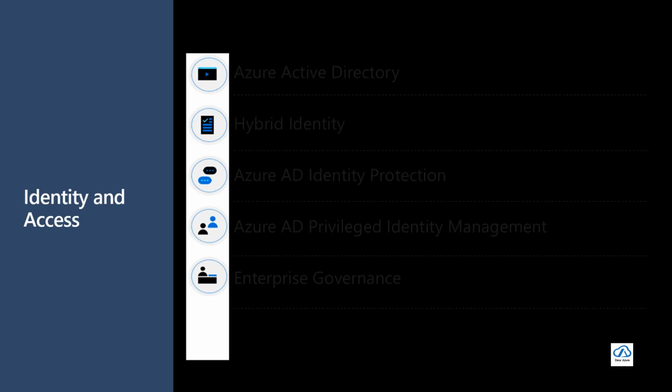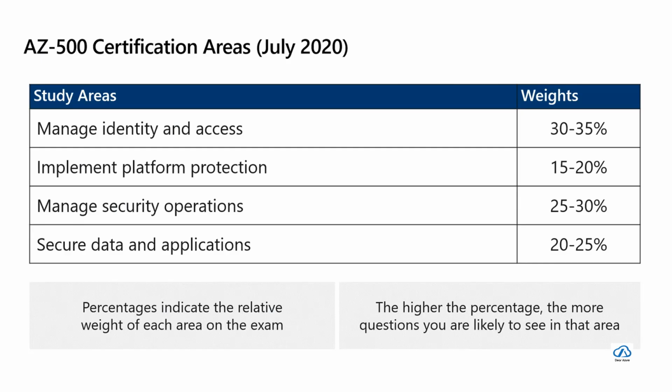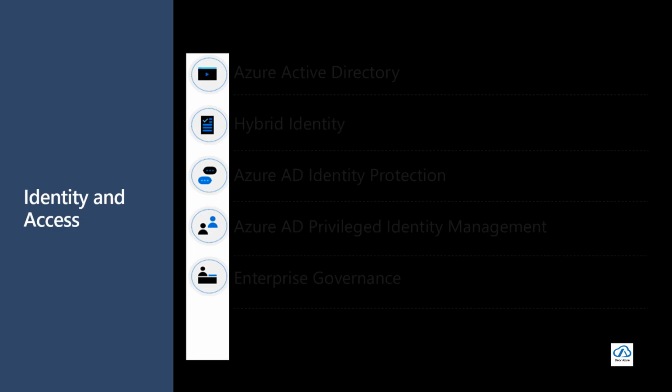All right. So from the first chapter perspective of this course, it is identity and access infrastructure, which is probably one of the most important topics when it comes to the certification prep and the weightage in terms of certification passing. So let's talk about it.